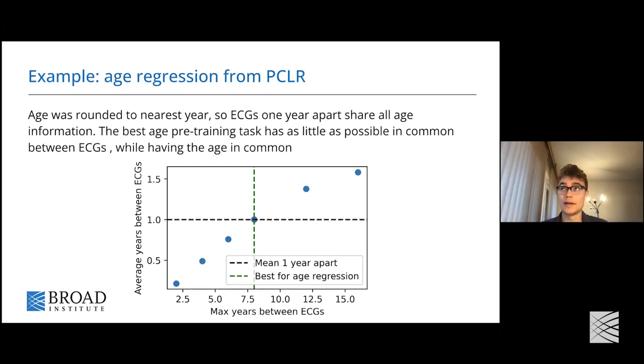It's sort of an exponential distribution of how close together ECGs are. So the average for maximum 8 years is actually only 1 year apart in the pairings in the training data. So actually, in expectation, this 8 years apart maximum model is perfectly situated for regressing age with 1 year precision.